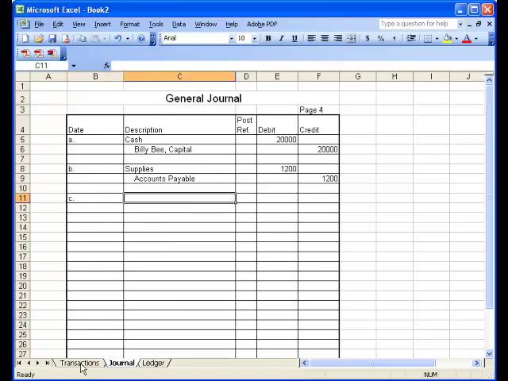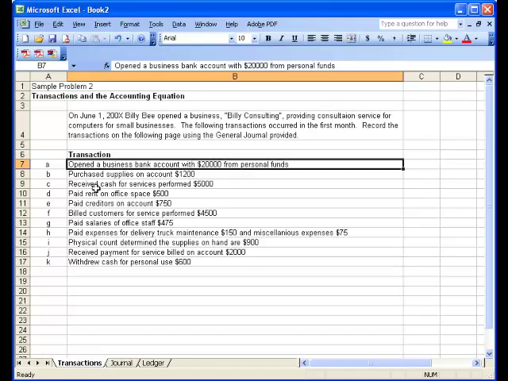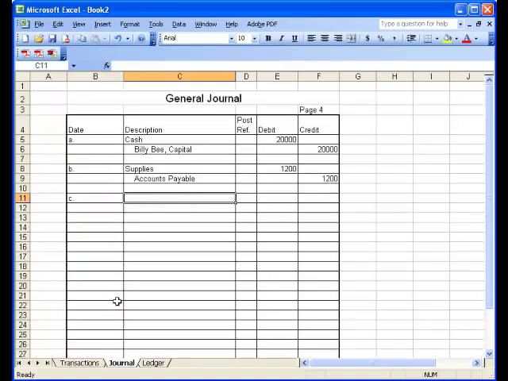Now, transaction C says we received cash from services performed, $5,000. Well, we know the answer to the question is cash involved is yes, and again, we're getting cash, which is our debit, $5,000. And so we need to figure out what is our credit involved here.